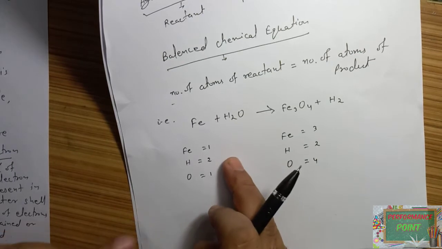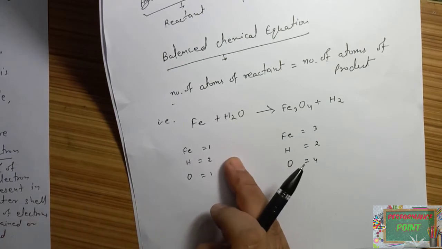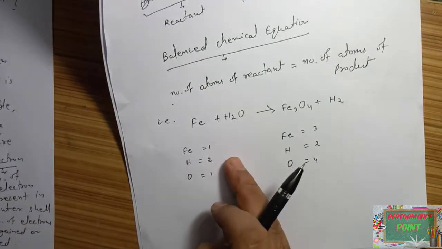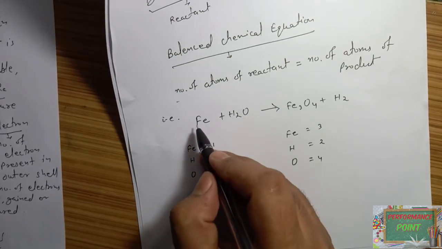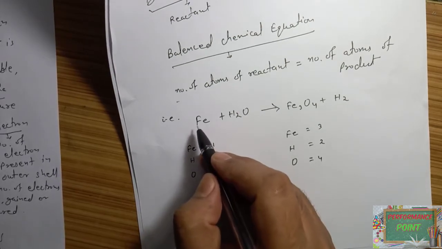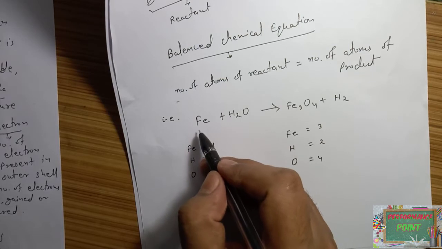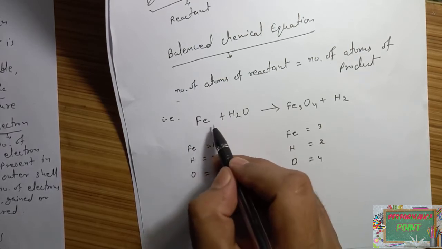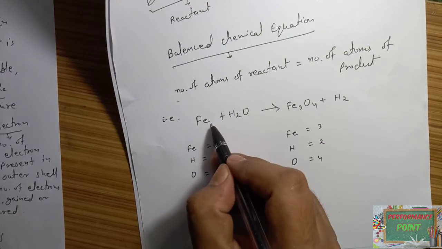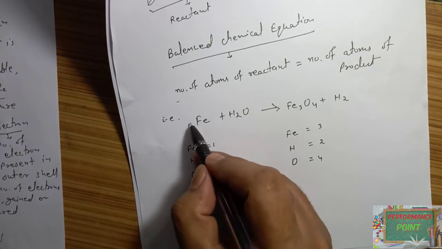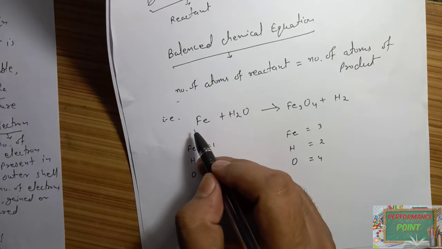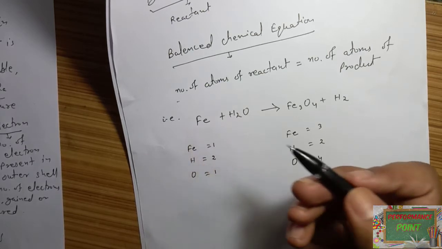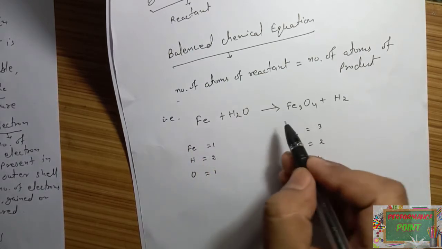Now we need to balance it. How do we do that? Keep in mind, we plug in coefficients, which means we can write numerals before the formulas. We cannot change the subscripts because they represent the atoms.